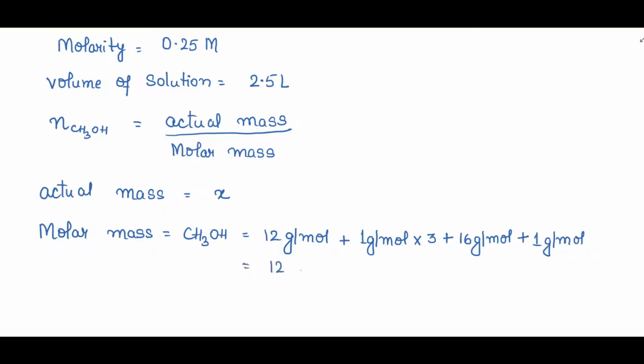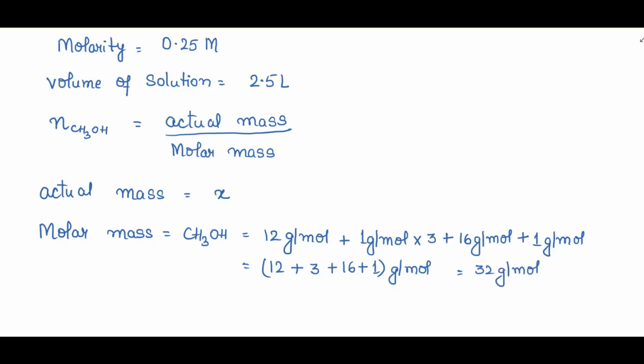So 12 plus 1 into 3, 3, plus 16 plus 1. So let's take the units common, gram per mole. 12 plus 3, 15, 15 plus 16, 31, 31 plus 1 equal to 32 gram per mole.